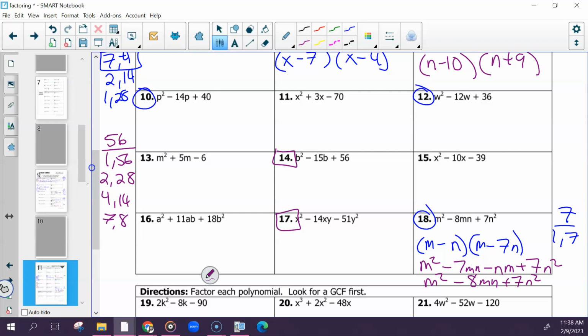We just have to make them both negative. So what would those factors be? Minus 7 and minus 8. Both have to be negative. Questions on that one?